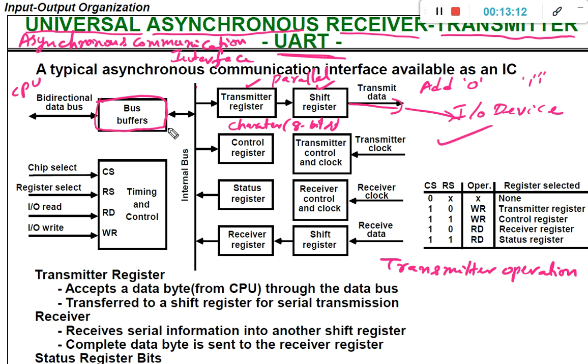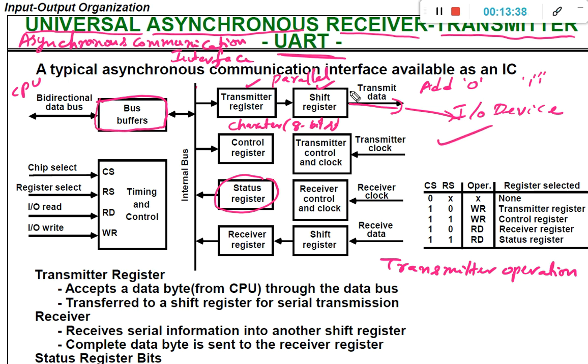During this transmission operation, the CPU is going to check the status register for the status of the transmitter register, whether it is full or empty. Because if it is empty, only then can it transmit the data. If it is full, it cannot transmit the data.